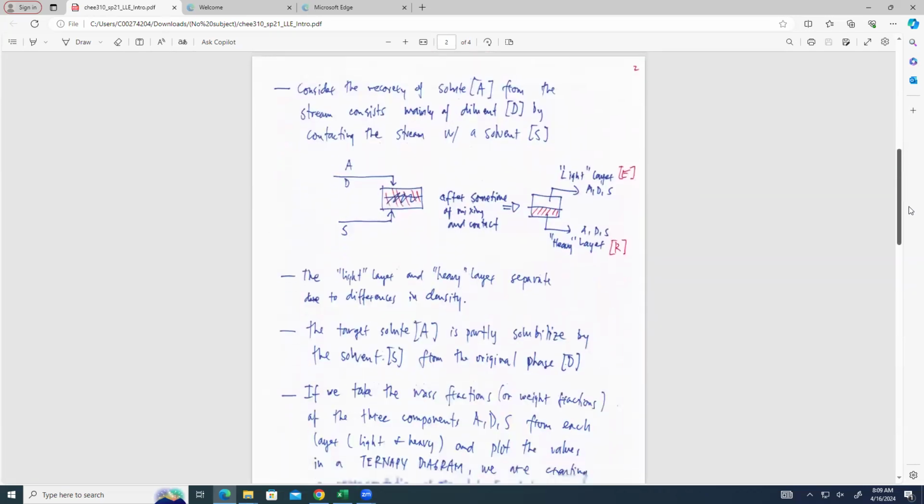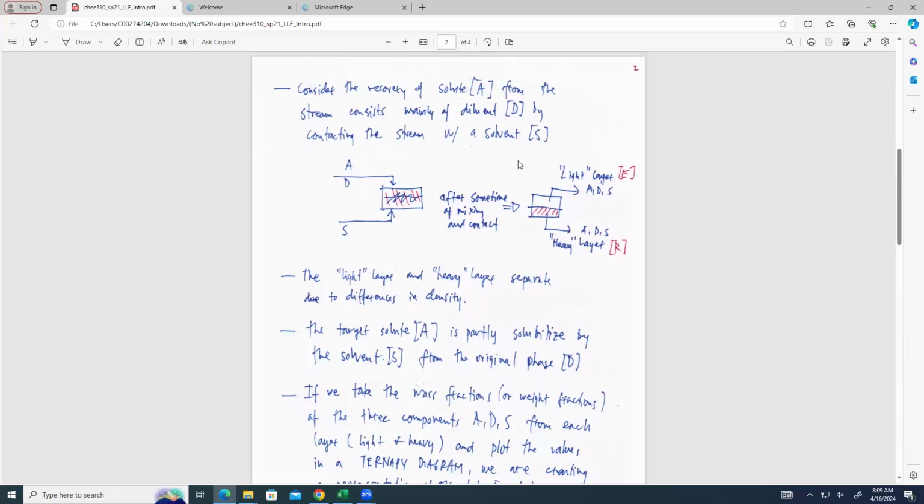So we're going to be using A, D, and S typically, where A is our solute and also our target material. D is the diluent, which is the solution that our target material is stuck in. And then S is the solvent that we're going to use to get it out.